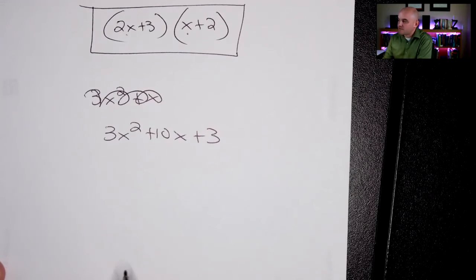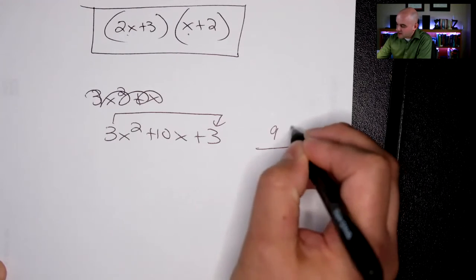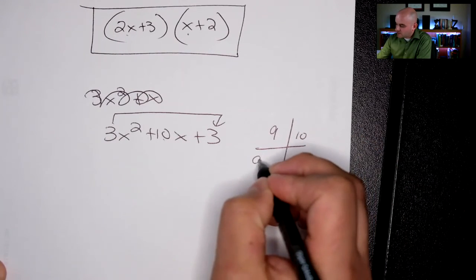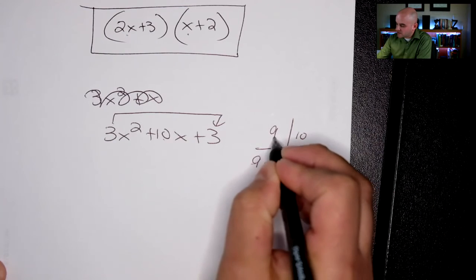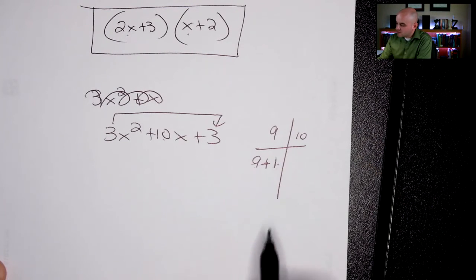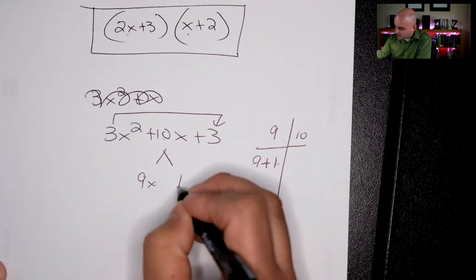Once again, this is a fun one where we can't take the shortcut, so we've got to say first times last. Here I get 9, and factors of 9 that add up to 10. I know 9 times 1 gives me 9 and 9 plus 1 gives me 10. So those are my coefficients for the middle terms here.